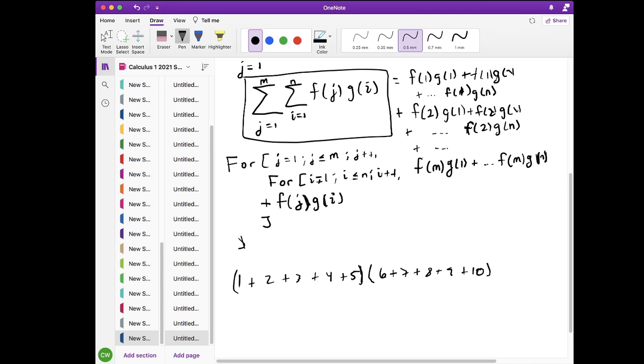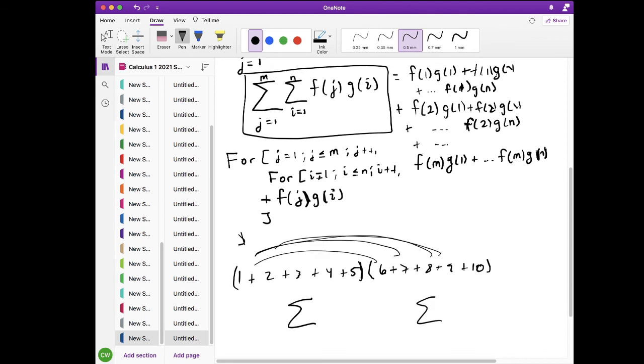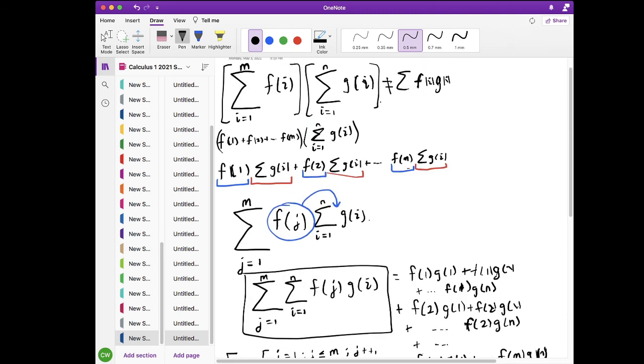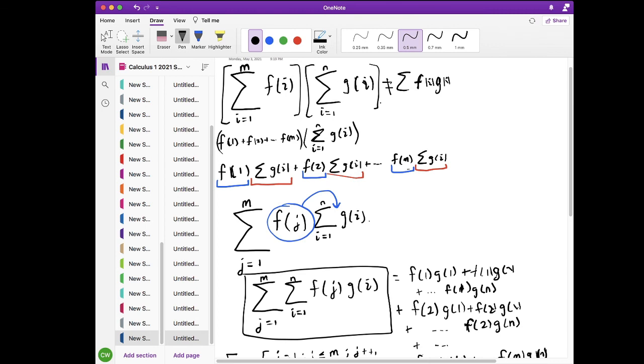Do this out normally, without adding them up, do the distribution, and then express this as a sum, and see if you get the same thing as this formula, because it should be. So this is the generalized FOIL formula, which is pretty cool.